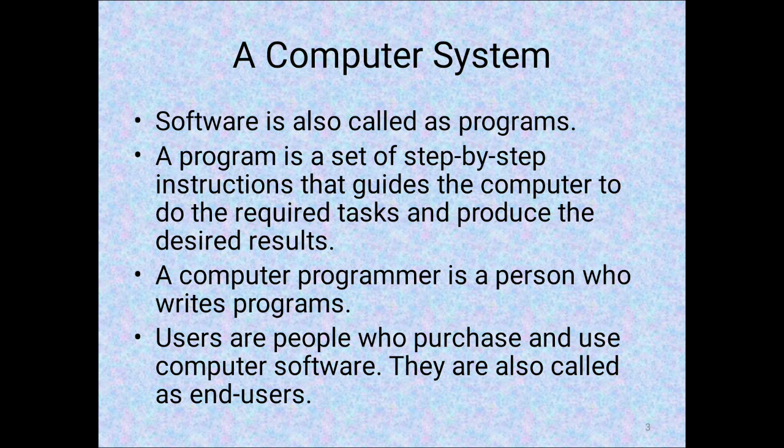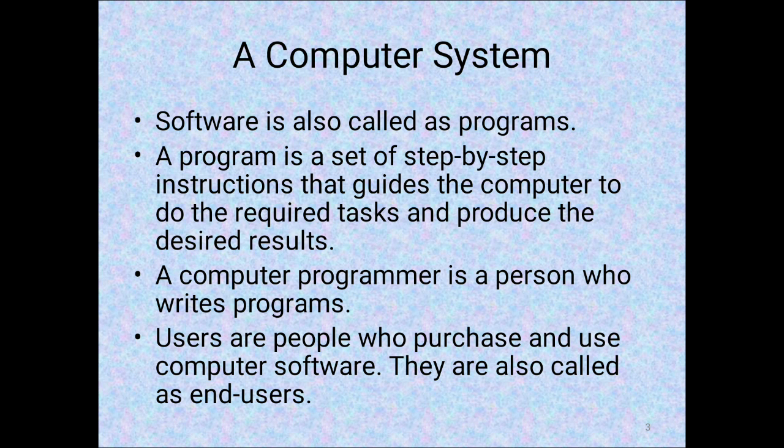Step by step instructions which can perform a task, or a collection or set of instructions which perform a specific task, is known as a program. Programs are also called software, so we can say that a set of programs is also called software.